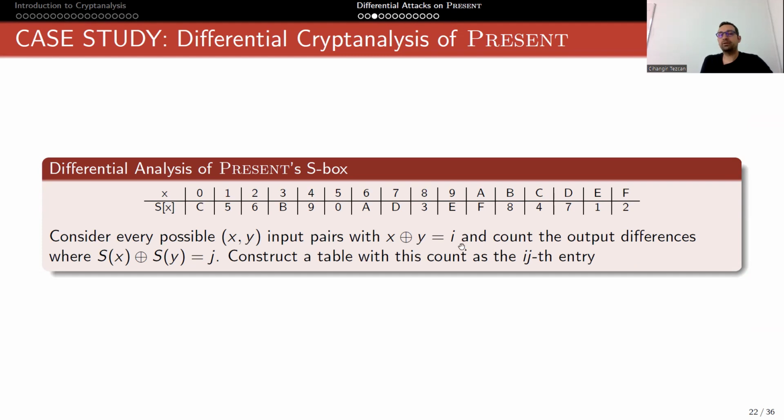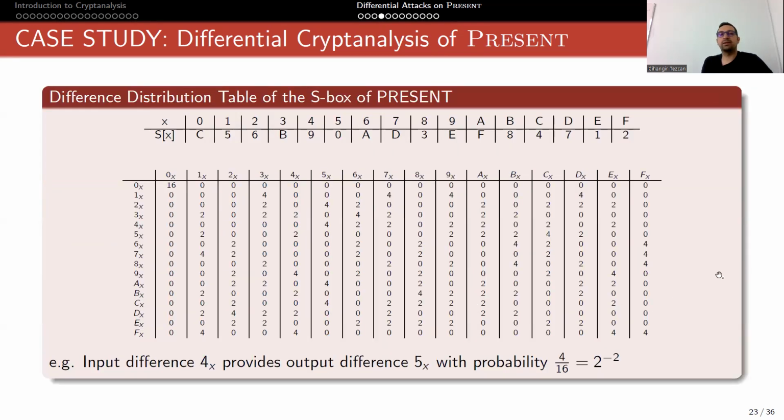Introduce the difference I so that X XOR Y equals I, and count the output differences where S(X) XOR S(Y) equals J. Okay, so you are introducing a difference to the input, and you are looking at the differences of the outputs. Construct the table with this count as the ij-th entry. So the result for the present will be this table.